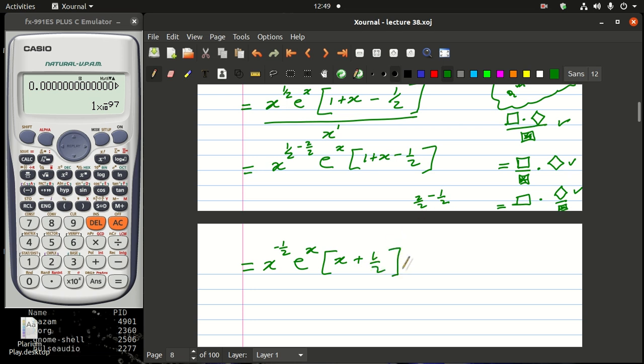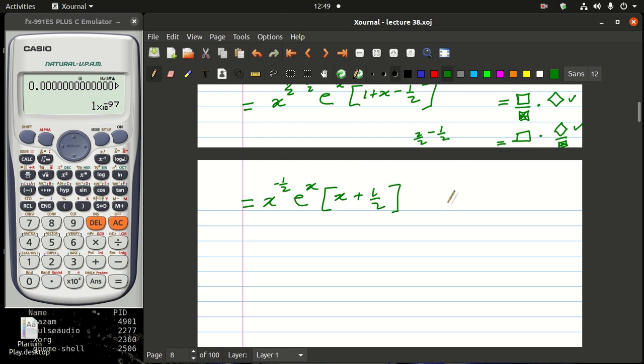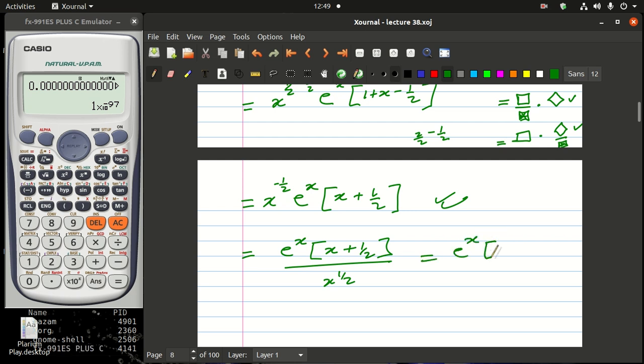2. So you can either stop here, or you can actually fix this and say that this is just the same as e to the power x, and then times x plus 1 over 2 all over x raised to 1 over 2. Then you can simplify further and say you have x, and then here you end up having x plus 1 over 2, and then in the denominator you're actually having the square root of x.